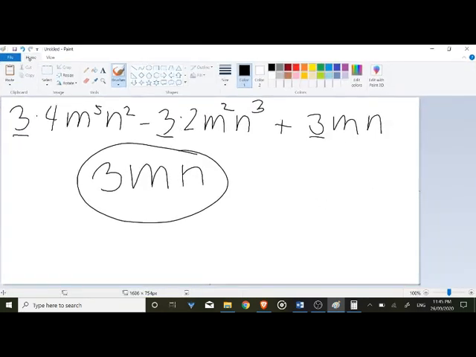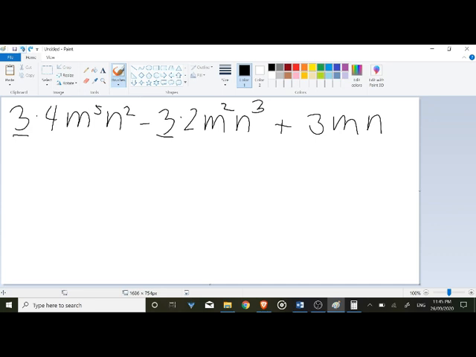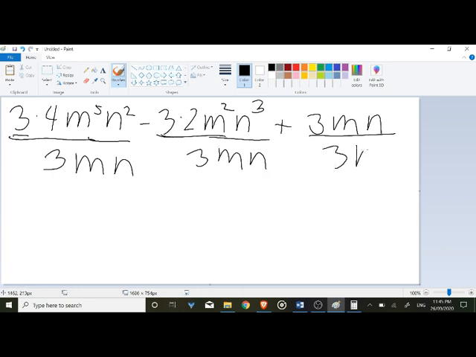To find the other factor, let us divide the common monomial factor in each term, that is 3mn over 3mn over 3mn. So, 3 over 3, that's 1. Si 4 na lang ang natira. m to the 4th power n minus 3 over 3, that's 1.